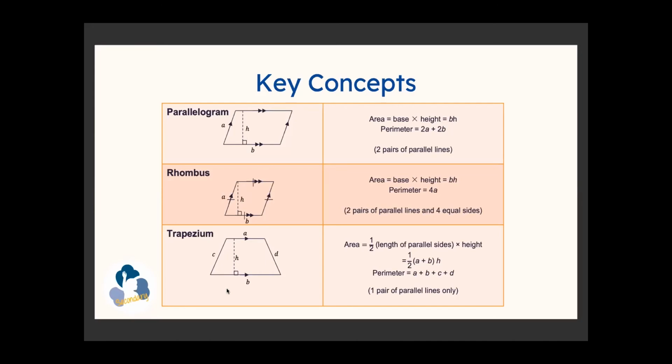But there are different schools of thought. Some scholars say that a trapezium must have only one pair of parallel lines, but some say so long as there is a pair of parallel lines. So the issue lies in whether it's strictly only one pair or a pair.